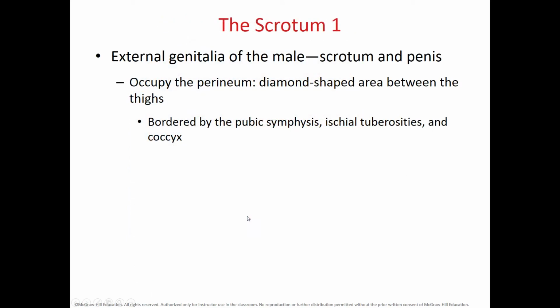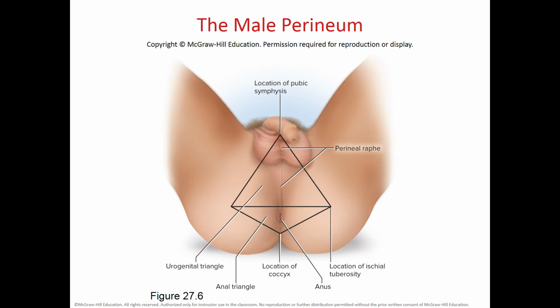Okay, so external genitalia in the males is made by the scrotum and the penis, and they are located within the perineum, this diamond-shaped area between the thighs, and this perineum anteriorly has the pubic symphysis, laterally will be the ischial tuberosities, and posteriorly the coccyx. So this is the perineal area.